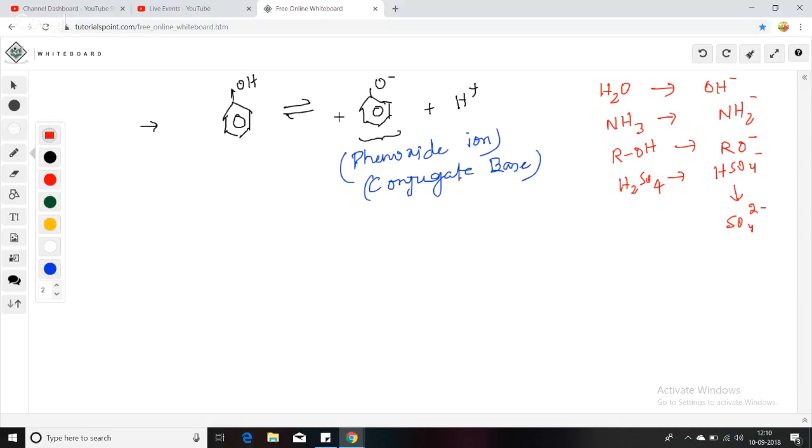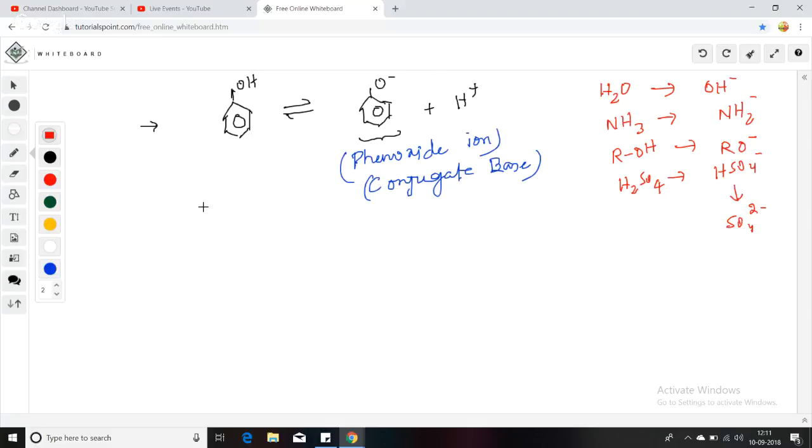We have seen that there is no negative charge at the meta position. So if ortho and para positions contain any substituents, either electron donating or electron releasing, the stability of the phenoxide ion will change. And one thing we have already discussed: if the phenoxide ion is more stable, the tendency for this reaction to go in the forward direction will be more, and hence the acidity will be more.